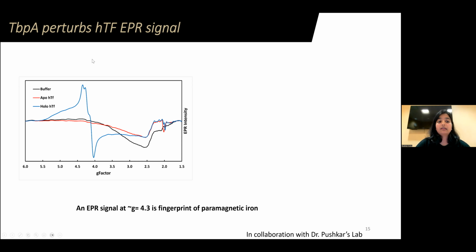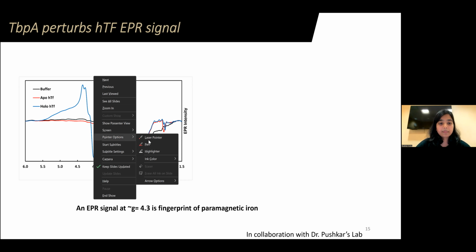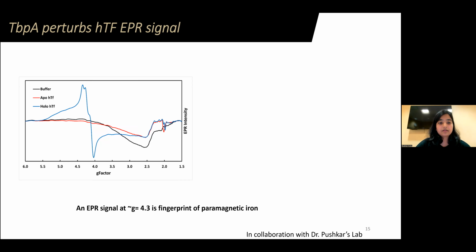So if adding TbpA does something to this particular peak, then we will know that TbpA is disturbing the iron coordination center in the transferrin.